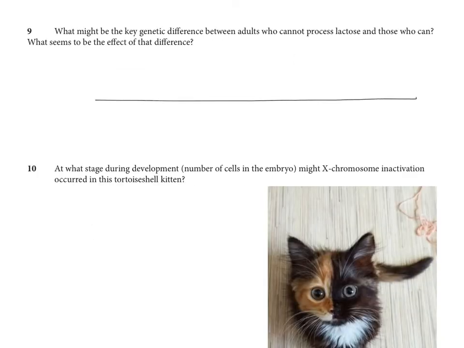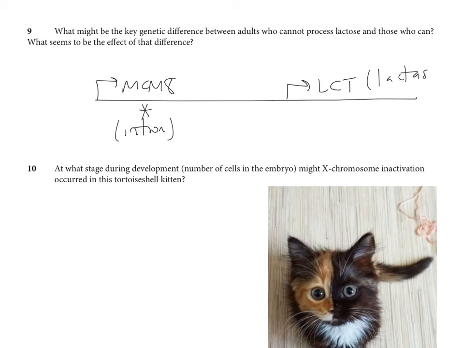It's possible that one of the main genetic differences between adults that can't process lactose and those that can is that there's a mutation in an intron of a gene near the LCT gene, which encodes lactase, which is the enzyme that infants use and produce to break down lactose into sugars that we can metabolize.